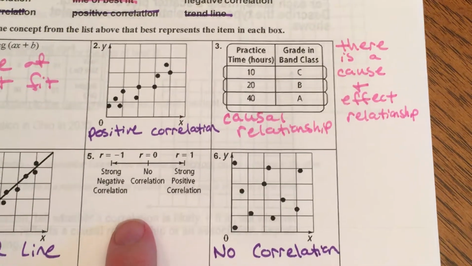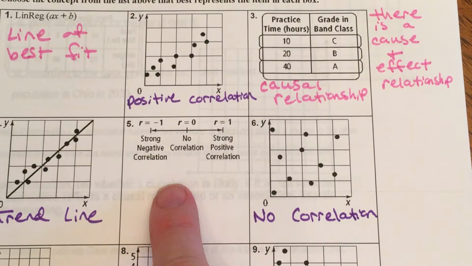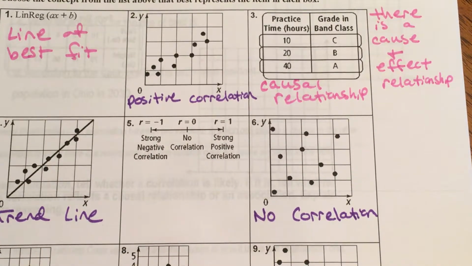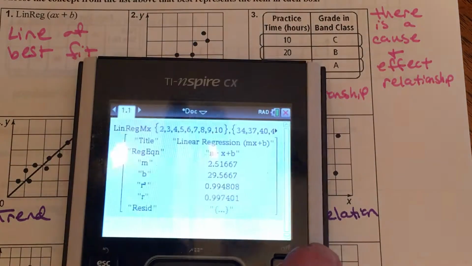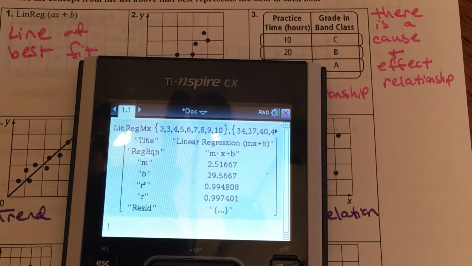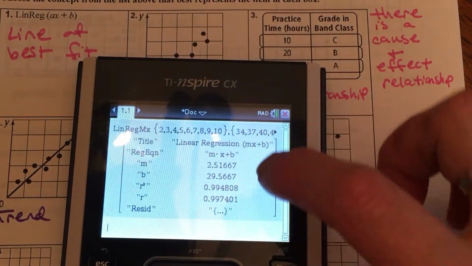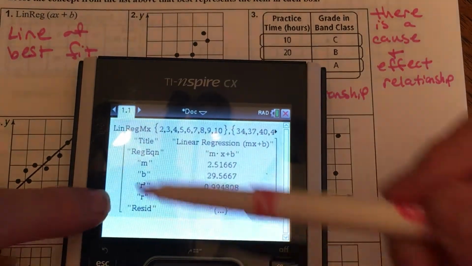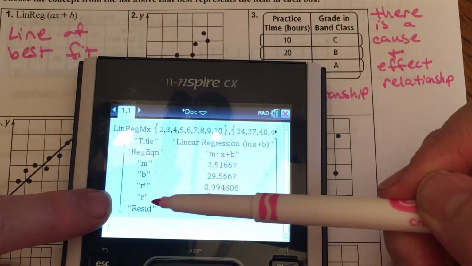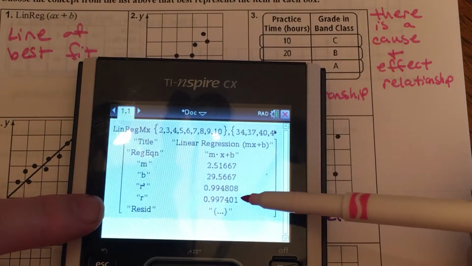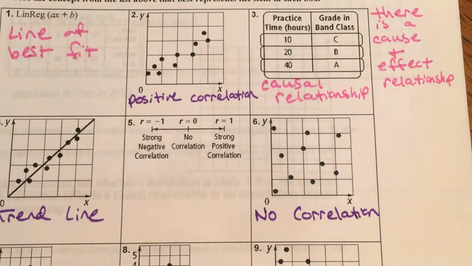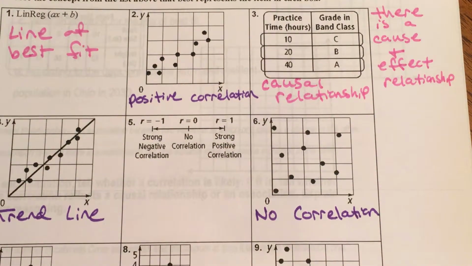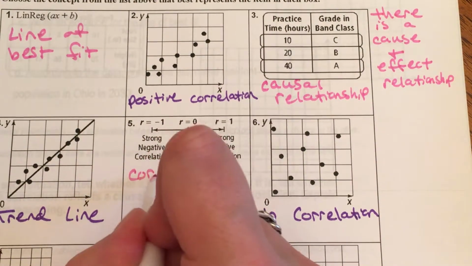Okay. Number 5. This doesn't look familiar at all, except you might have noticed it in your calculator. When we did all of our calculations to get M and B for our line of best fit, we have here R. This R is called a correlation coefficient.